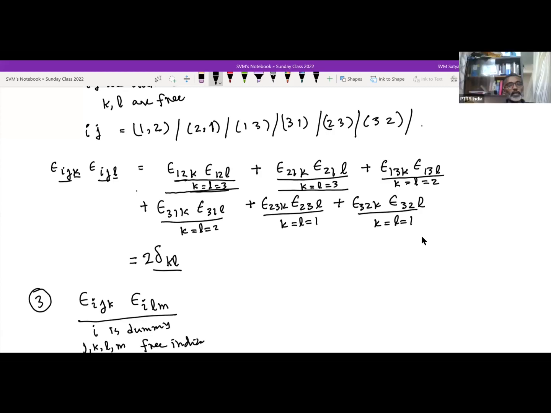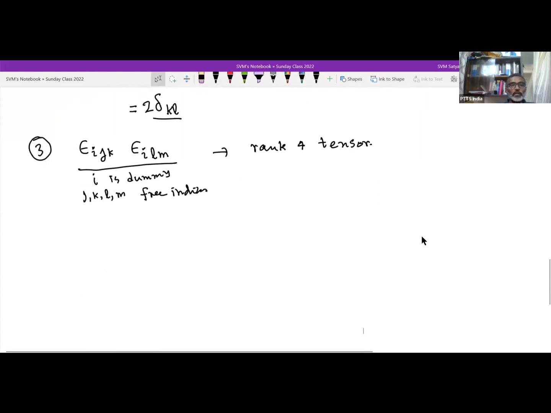So as a result, this is a rank 4 tensor. Do you recognize? Because there are 4 free indices. So how many terms will be there in 3 dimensions? It's a rank 4 tensor, so there will be 81 components. That is 3 to the power 4. 81 components in 3 dimensions.